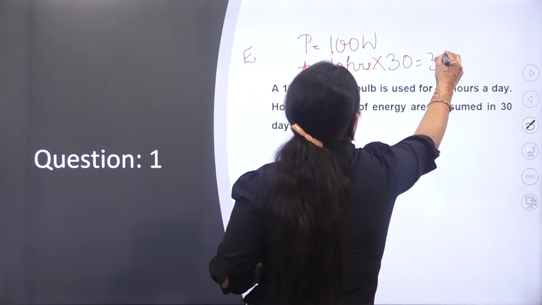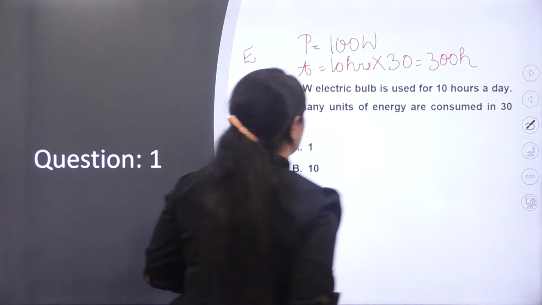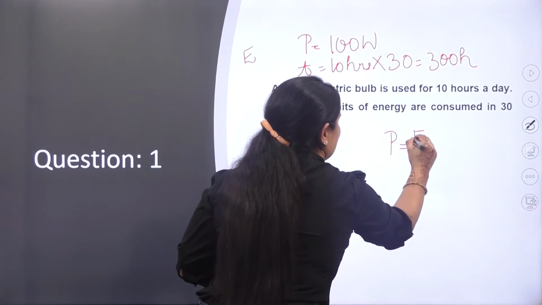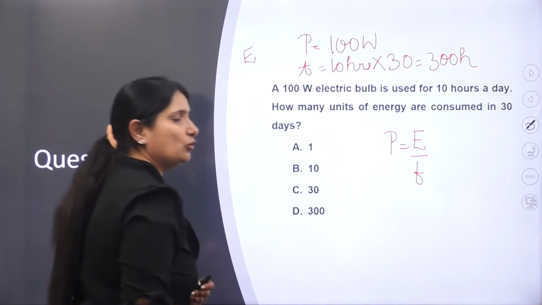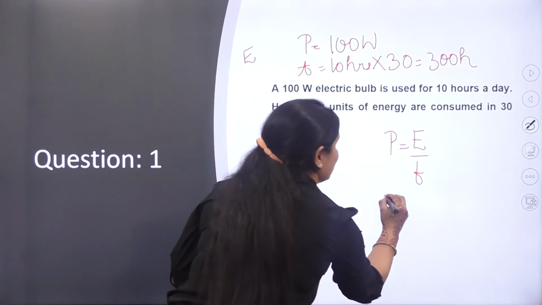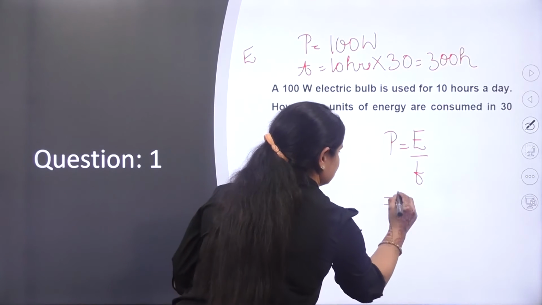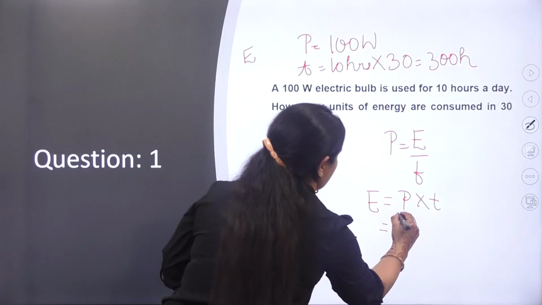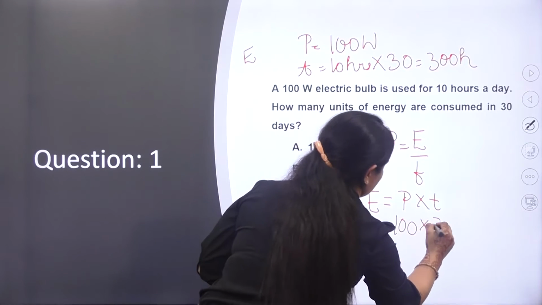That is 300 hours. So as we know the formula, P is equal to E over T, that is the work done over the time taken. So E here becomes P into T, that is 100 into 300.